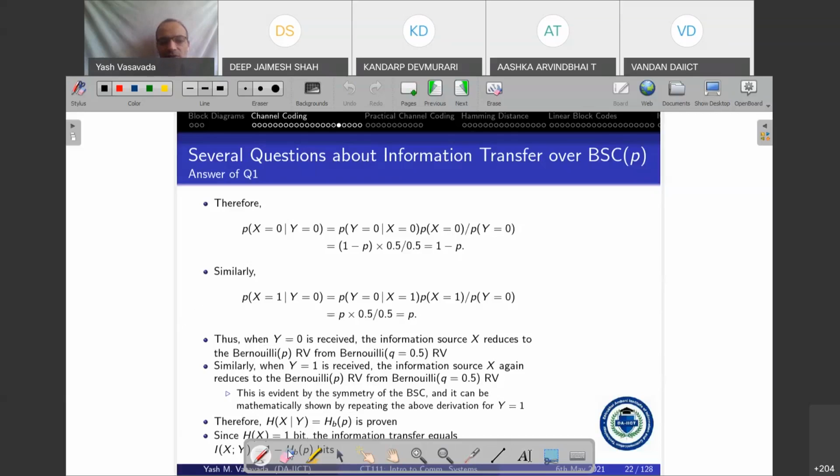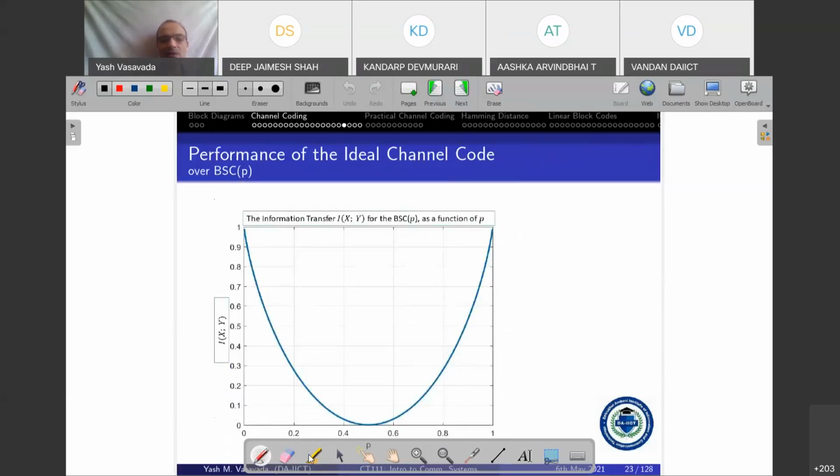And so the information transfer simply becomes 1 minus the binary entropy function. Remember, the binary entropy function was that parabolic shape. So we flip it and then we add 1 to it. So it becomes like a mirror image of it. So this is what we get. And so as expected, when p is equal to 0.5, the information transfer becomes 0.